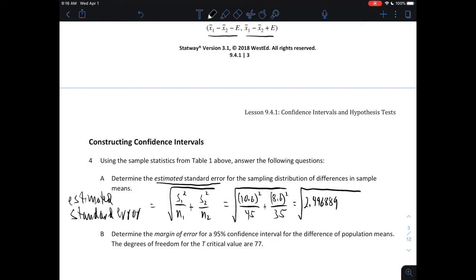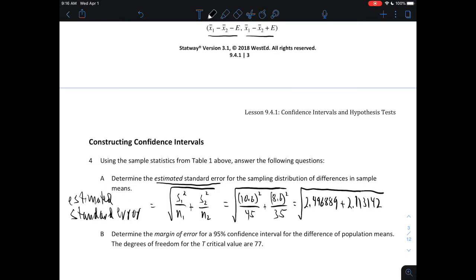I'm not rounding too early because I'm in the middle of a calculation, and I can do the same thing with the second fraction, 8.6 squared divided by 35, and that would give me 2.113142.